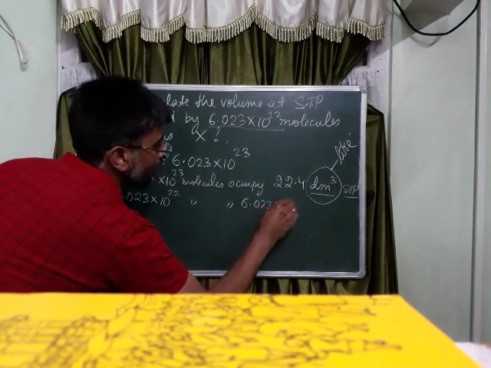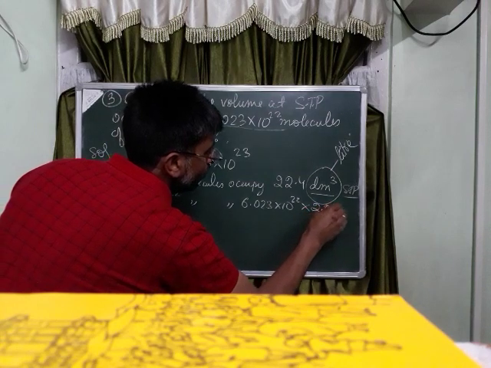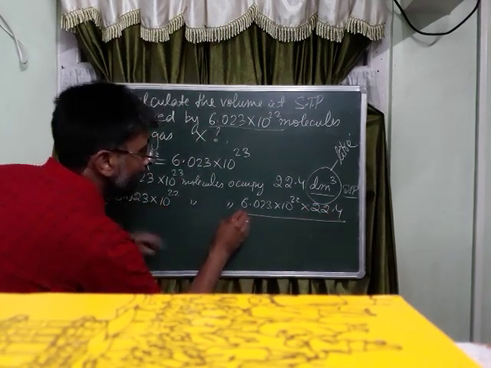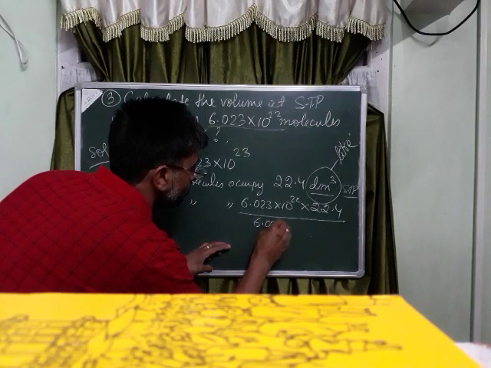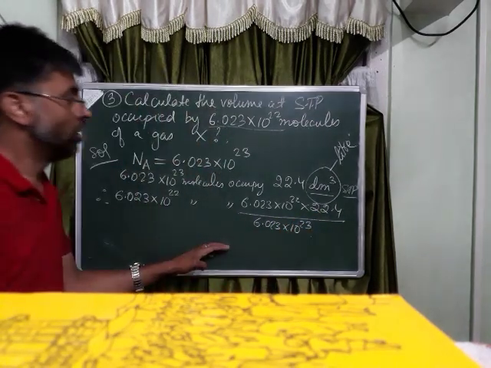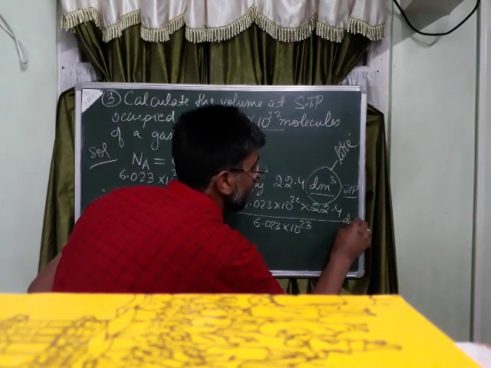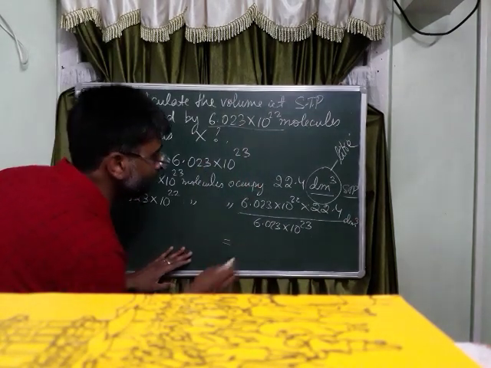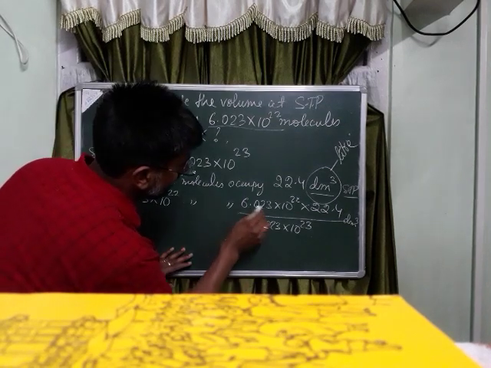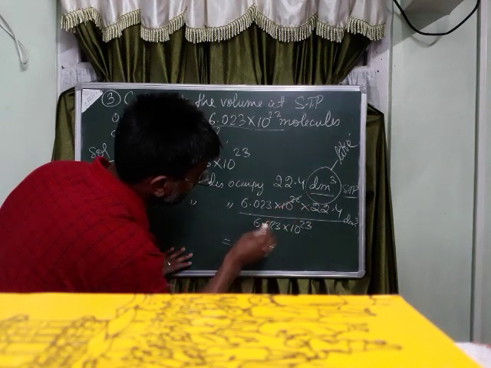6.023 into 10 to the power of 22 multiplied by 22.4 divided by 6.023 into 10 to the power of 23, sorry, so many decimeter cube. And after simplification, 10 to the power of 22 will cancel.